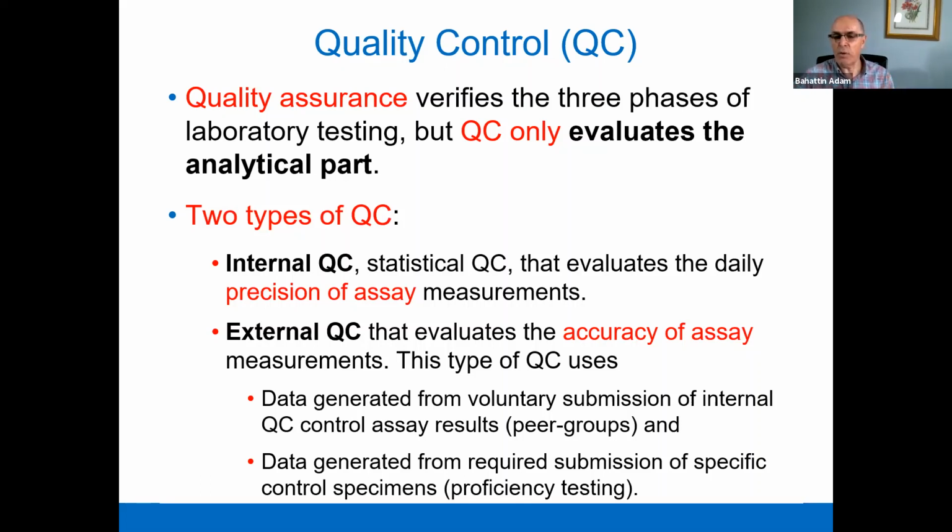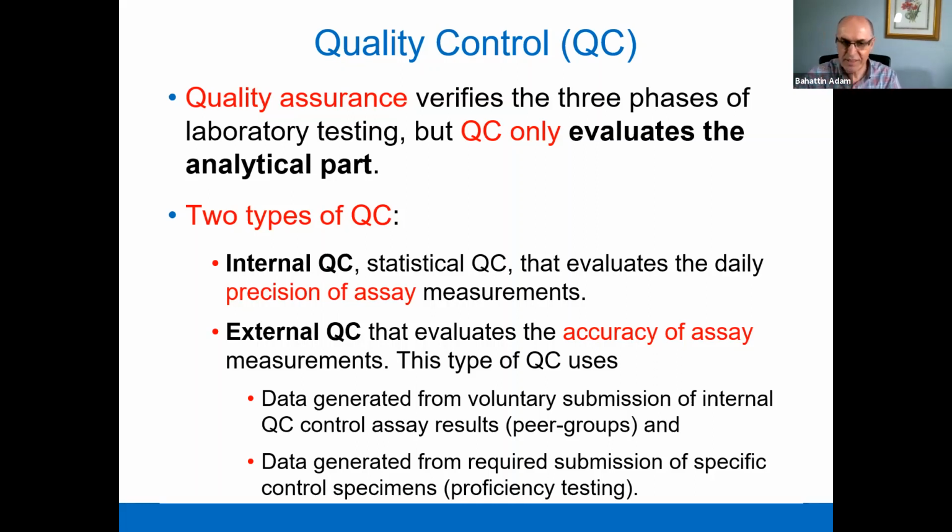controls. You receive external controls from the proficiency agencies, okay, and this type of QC uses the data generated from the voluntary submission of internal QC control assay results from the peer groups, the lab groups that you participated in, and also uses data generated from required submission of specific control specimens from the proficiency testing.